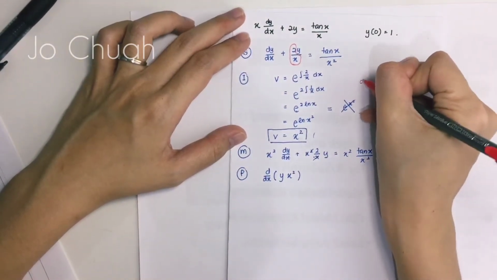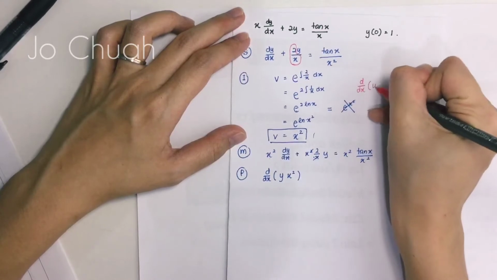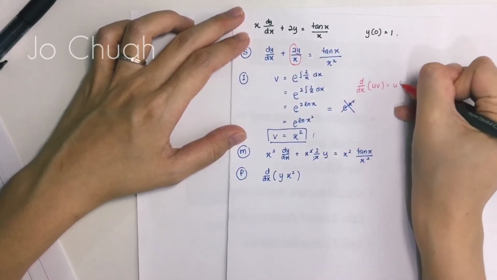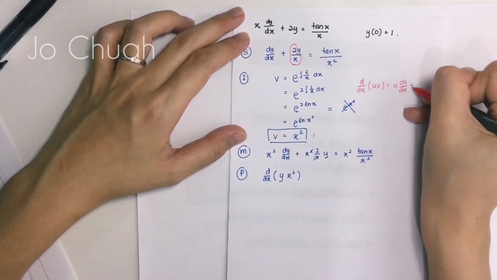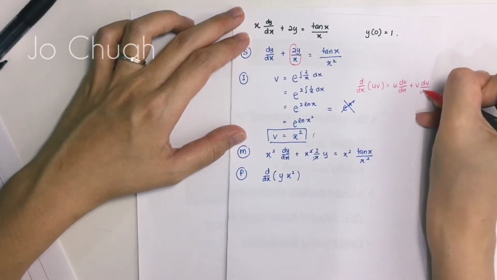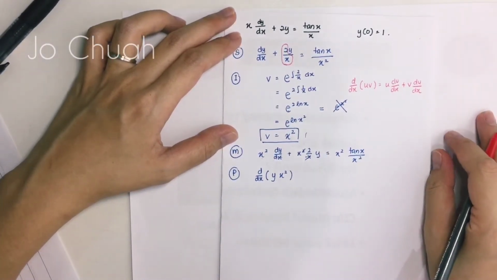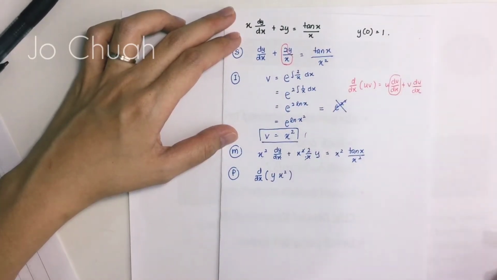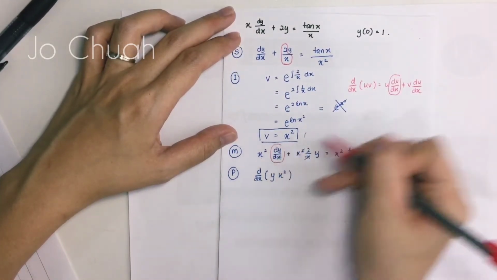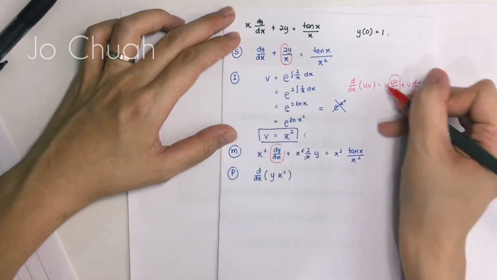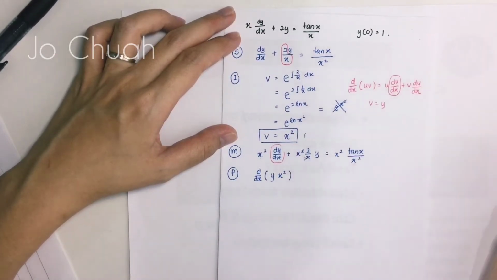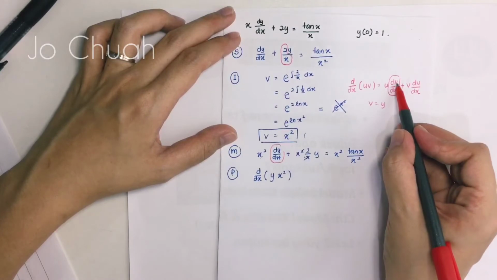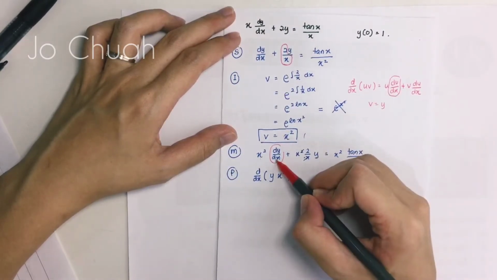So you have product rule as d over dx of uv equals u dv over dx plus v du over dx. Alright, so you want to find this too. You have to find what is the differential first. Obviously this is the differential, right? So your v is actually y, because your dv over dx is dy over dx.